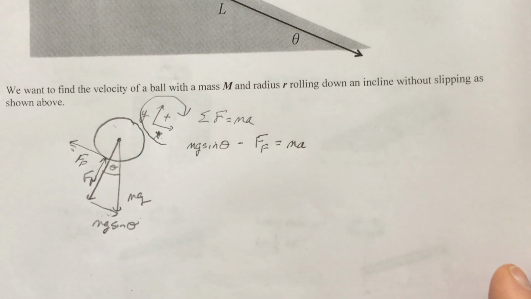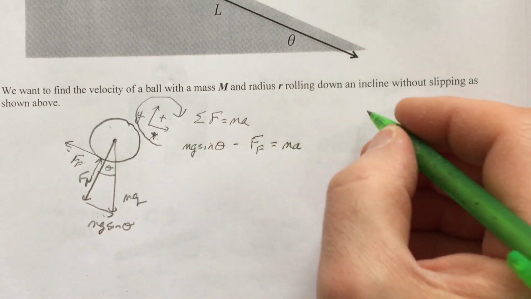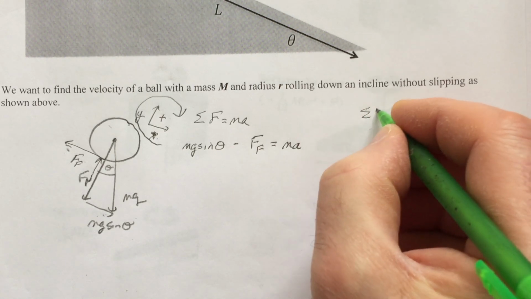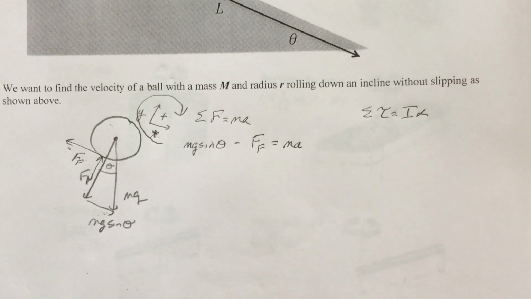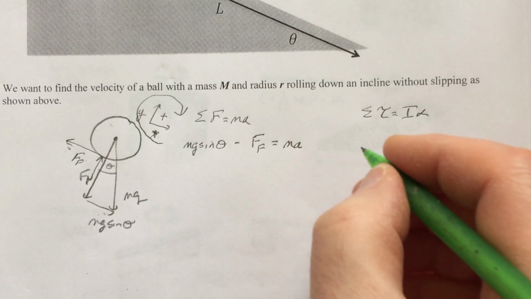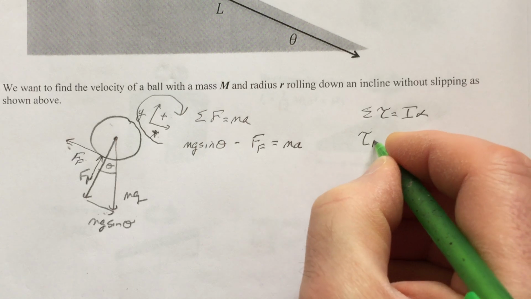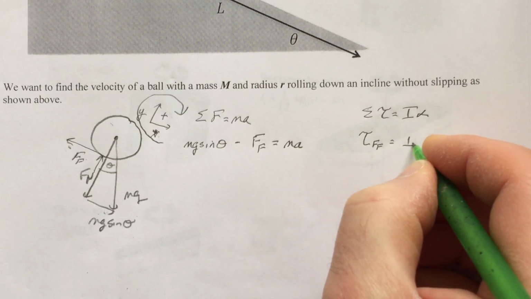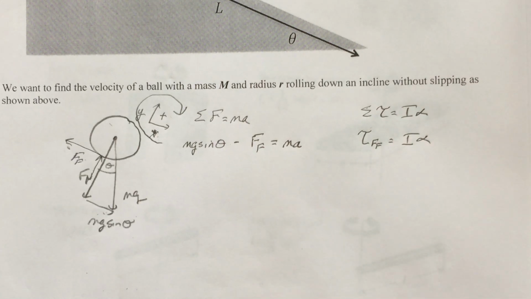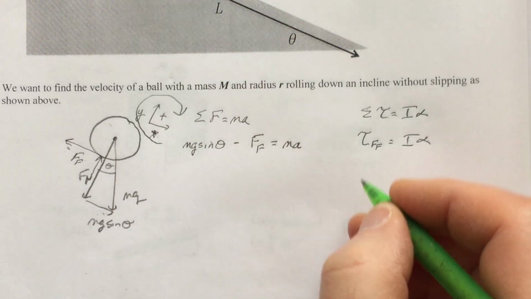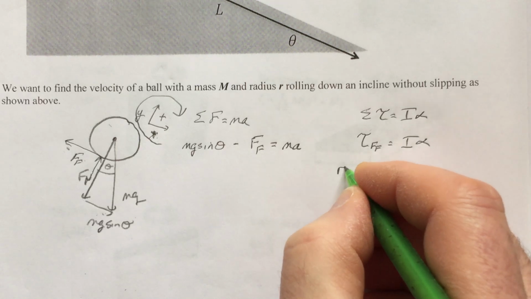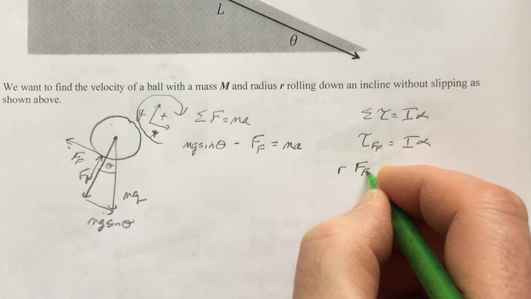Let's deal with the torques. Sum of the torques equals I alpha, and there's only one thing creating a torque, and that's the force of friction. My torque from the force of friction is going to be equal to my radius times my force of friction.